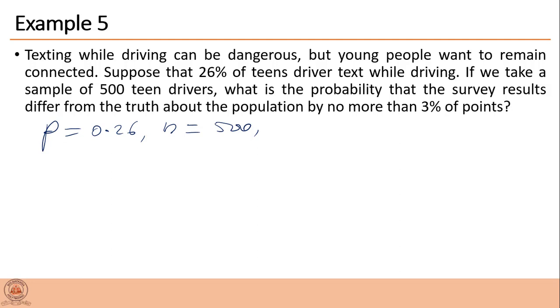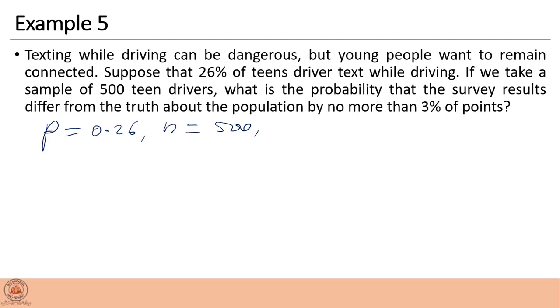So if you look at the sample size 500, if you multiply that by 0.26, we are obviously going to get more than 5. That is the condition to use the normal approximation to the binomial distribution. So let's find the proportion.